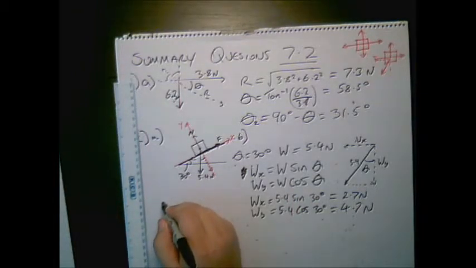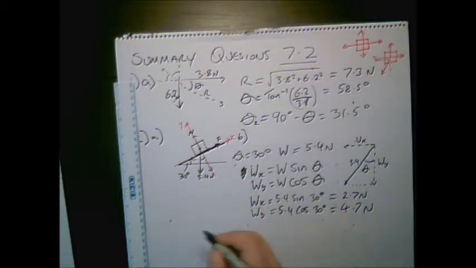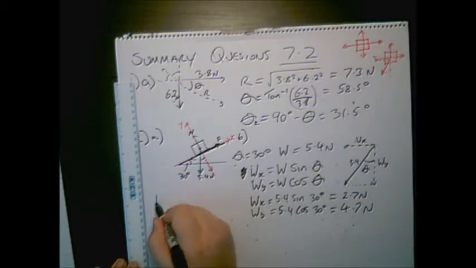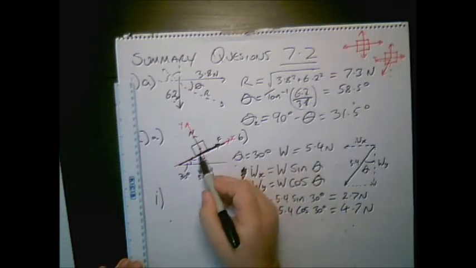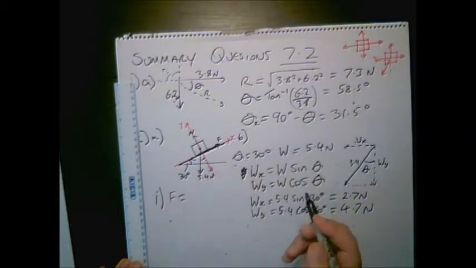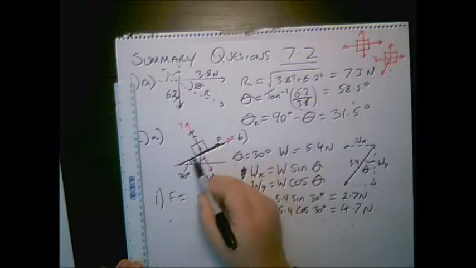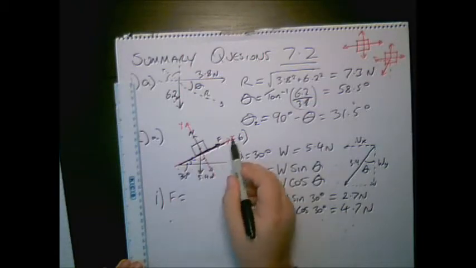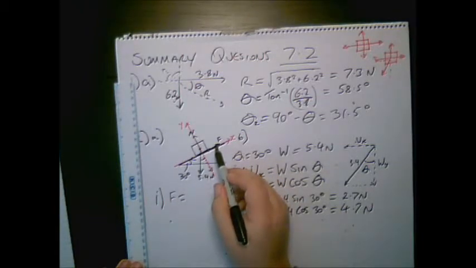Okay, so for part 1, we're looking to answer the question of friction. So friction, we're looking at this direction here, our x component. Now, what forces do we have at play?